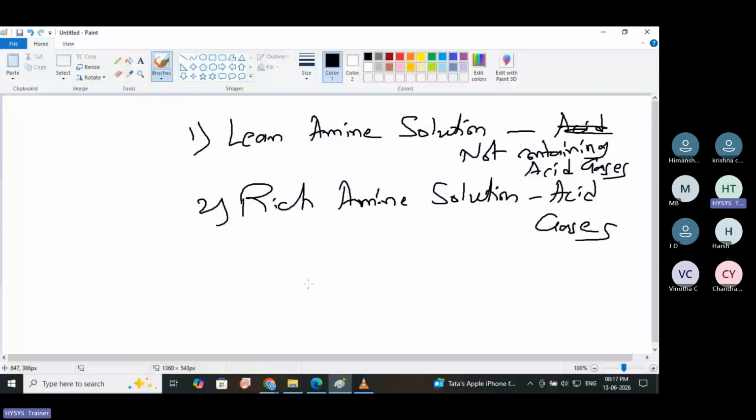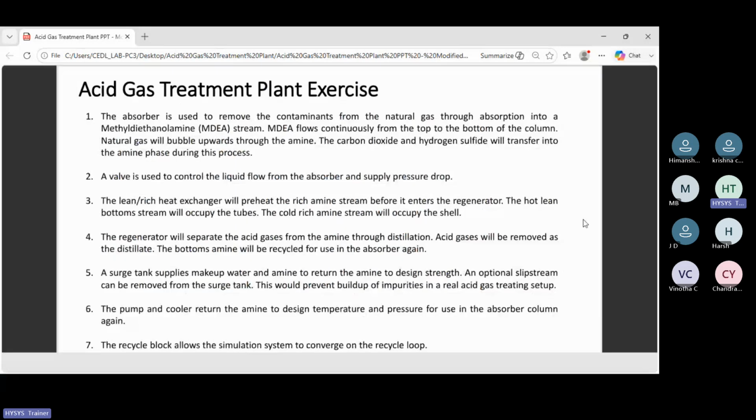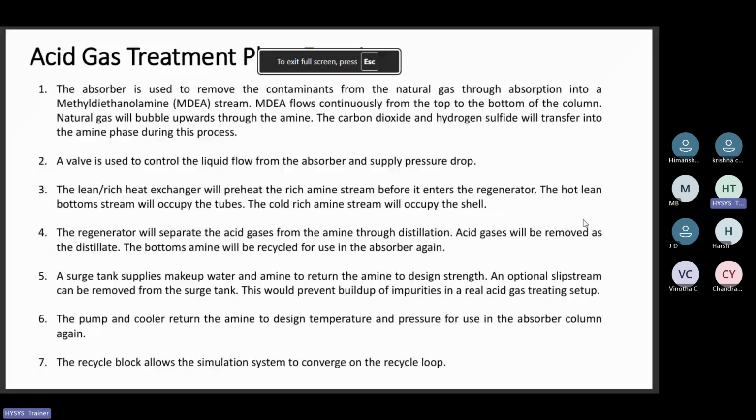Now let's move ahead towards the acid gas treatment plant exercise. In this plant exercise, we are basically using the absorber, which is used to remove the contaminants from the natural gas through absorption into a MDEA stream, that is methyl diethanolamine stream.